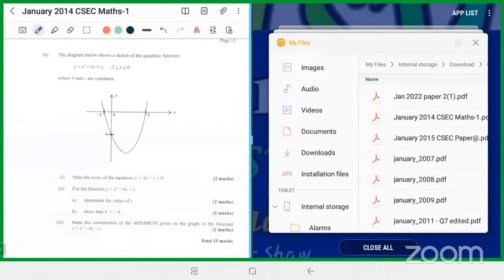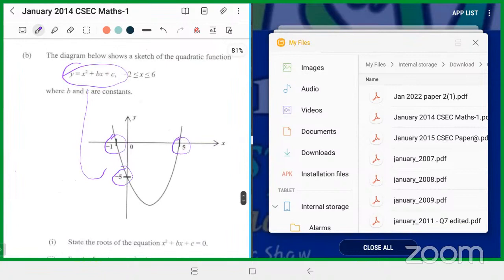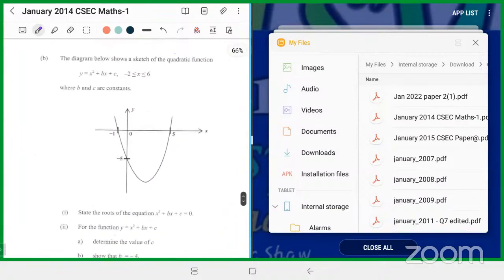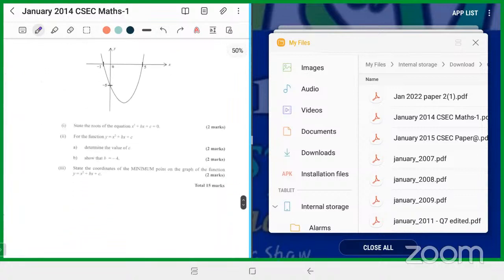So they give us the roots here, -1 and 5. Because they gave us the roots, and we also know the y-axis intercept, we are to determine what the function is, the b and the c. We're going to learn how to do this later on, not yet. It's a quadratic function, but we don't learn finding the function from the roots yet.